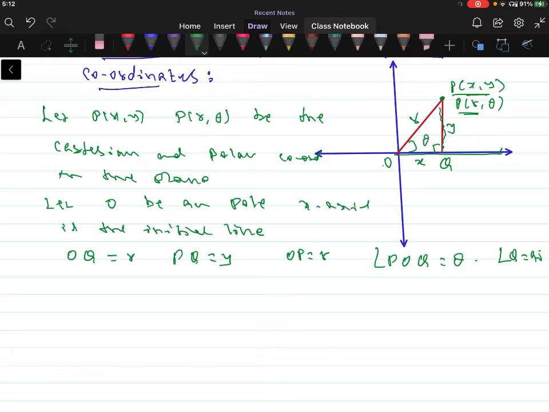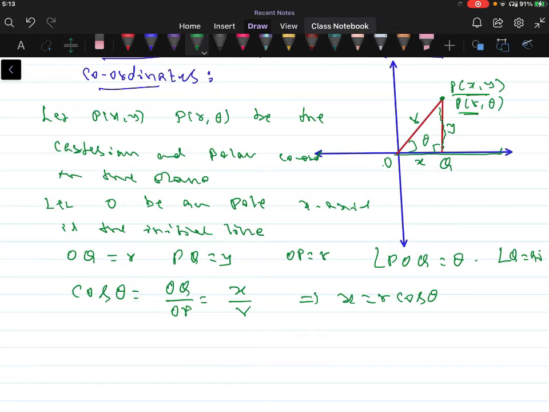So from the right angle triangle PQO, cos theta is equal to adjacent by hypotenuse, OQ by OP, where OQ is x and OP is r. So this implies x is equal to r cos theta.